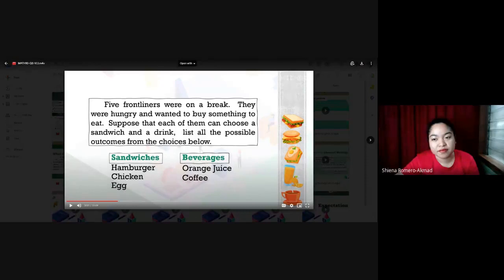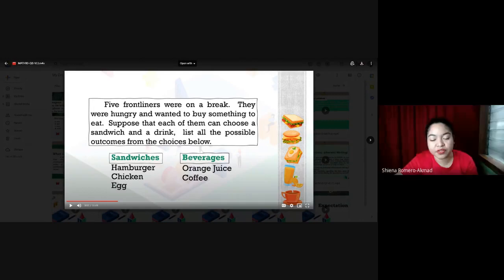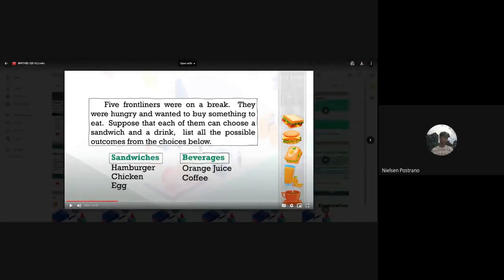6. Why is it 6? 12. Why is it 12? 6 kasi hamburger juice or hamburger coffee, 2, tapos chicken, orange juice or chicken coffee, sabay egg orange juice, saka egg coffee, 6.